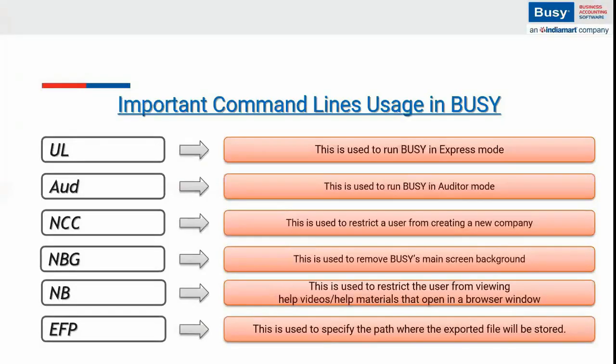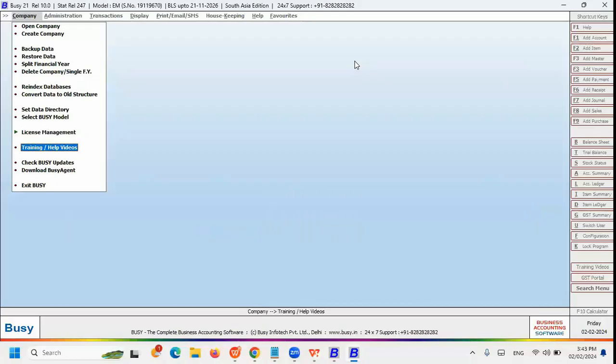Another important command here is efp. This is a very important command. This is used to specify the path where the exported file will be stored. You know that when you export Microsoft Excel or PDF from Busy, by default it is stored in the data folder, in the company code folder itself.